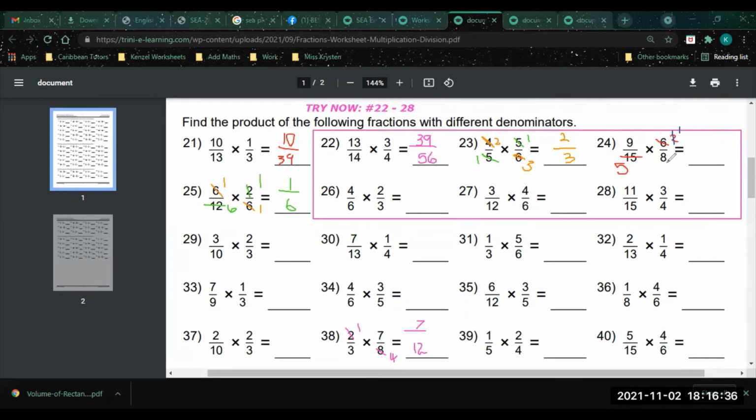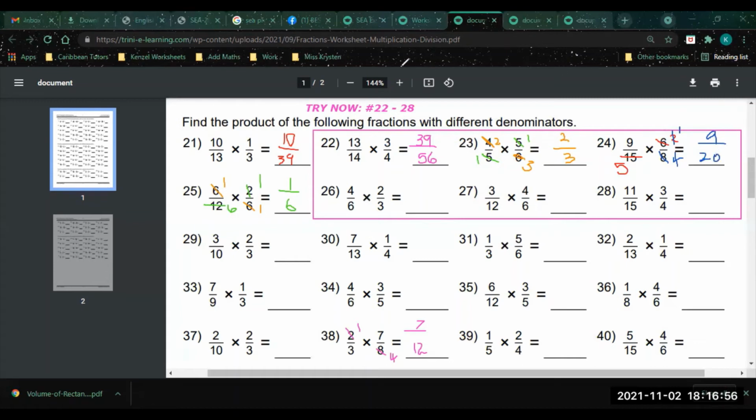So 2 could go into 2 once, and 2 could go into 8 four times. So that is what you'd be multiplying. 9 by 1 would give you 9, and 5 by 4 will give you 20. 9 and 20 have nothing in common, so you can't reduce that any further.